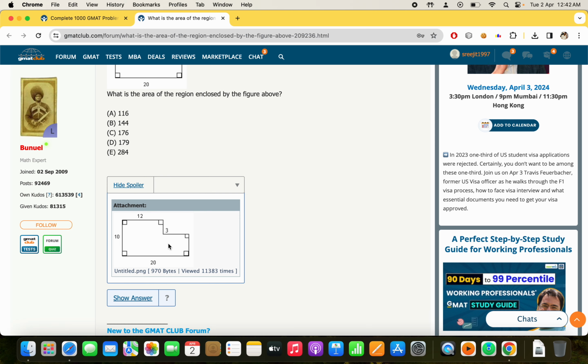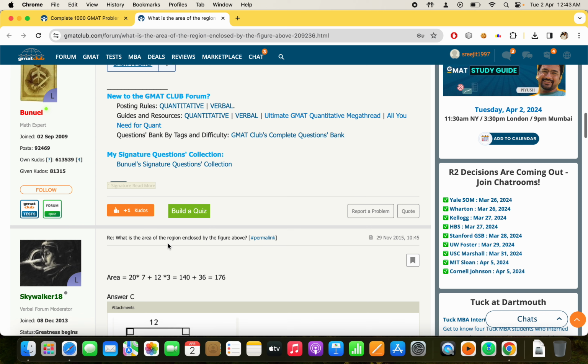This part will be 8. This part will be 3. This part will be 7. Similarly, this part will be 7. This is 3. This is kind of 8. Spoiler makes no sense to me.